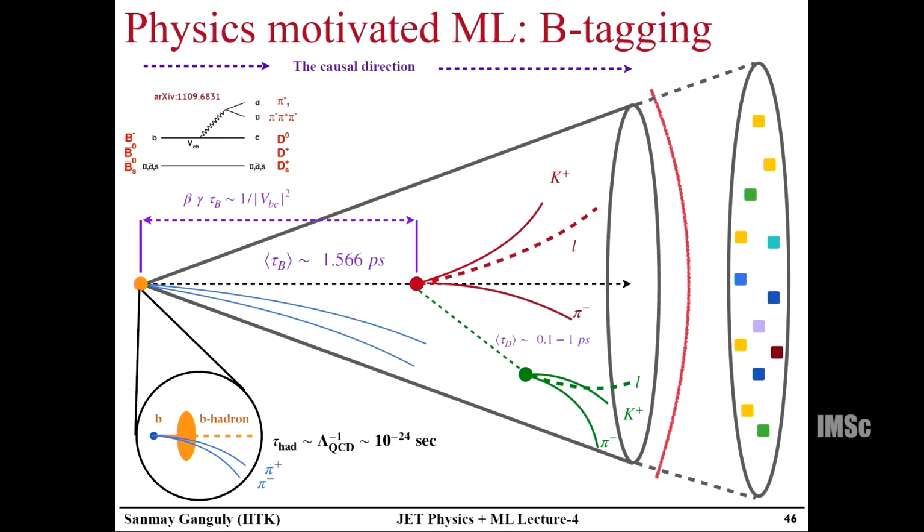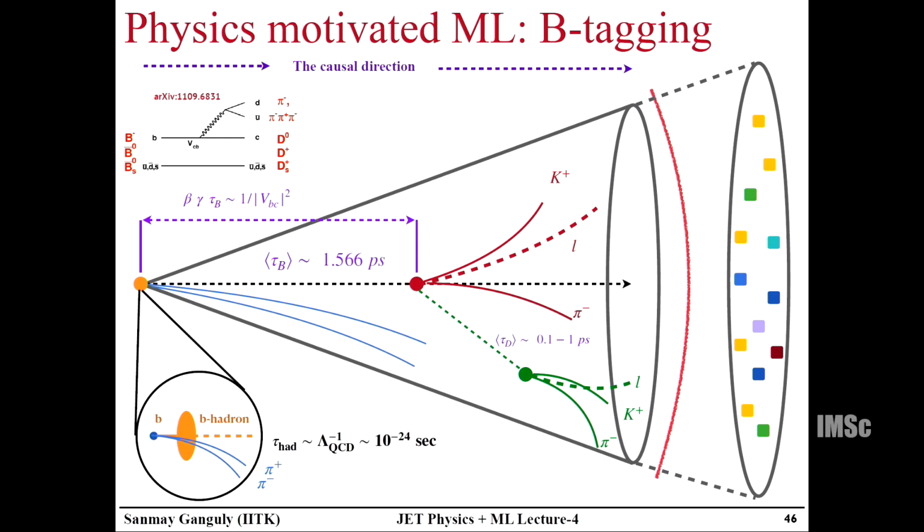Okay. So here you can see this idea that the B to D transition happens through weak interactions. And the average displacement length is beta gamma times tau, where the average tau in the rest frame of the B hadron is 1.5 picoseconds. So how do we figure out there exists something here?